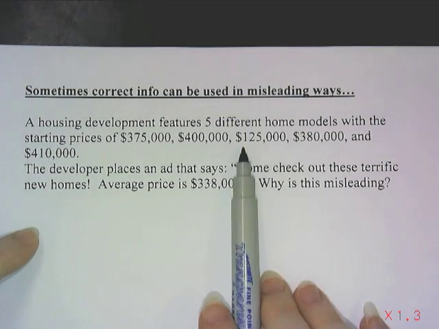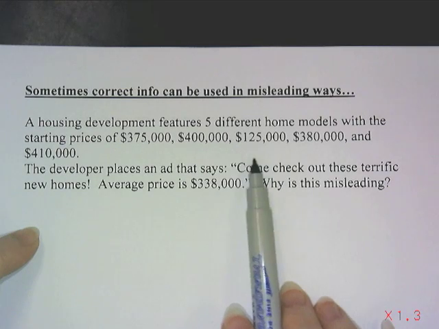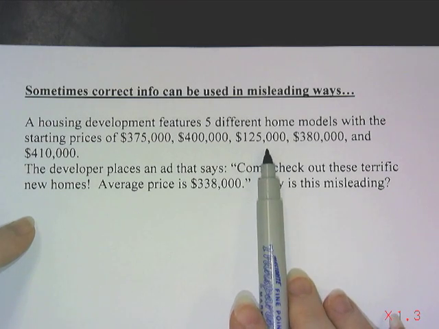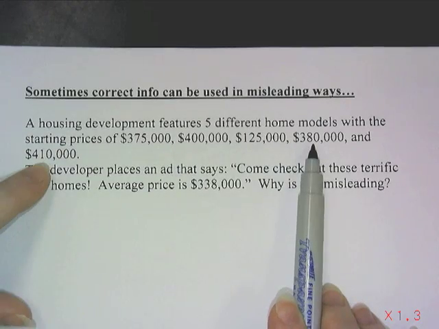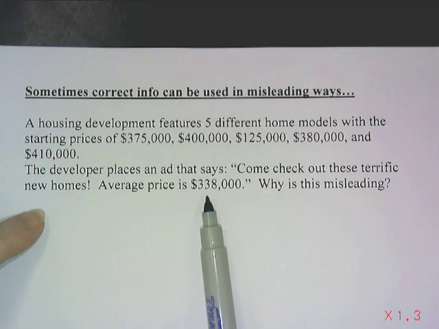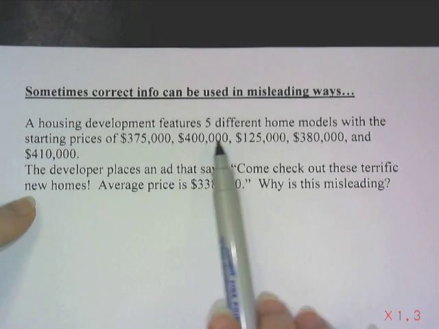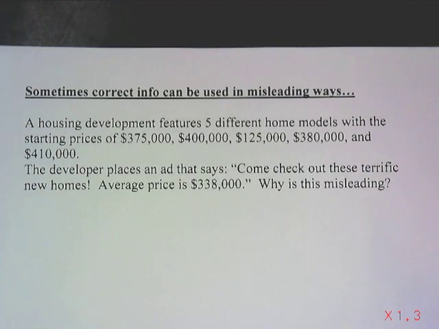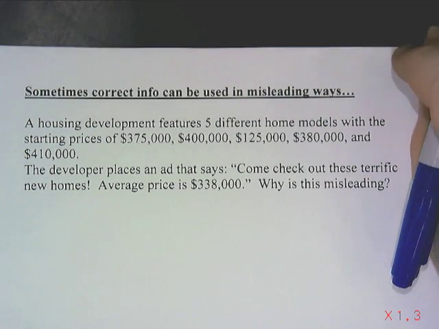Also, what if there were only 5 houses that were this price, and there were 20 houses at all of these other prices? Would this truly be the average then? It would be the average of each of the different types of prices, but shouldn't you take into consideration how many homes there are available at each price? So this is what I'm saying. Lots of things can be used in misleading ways.